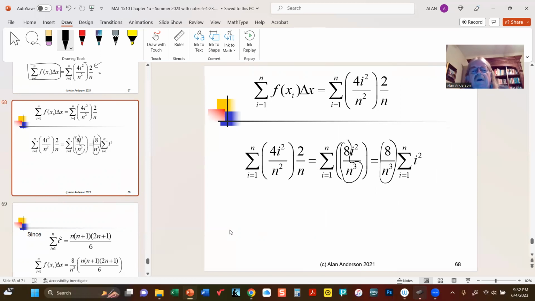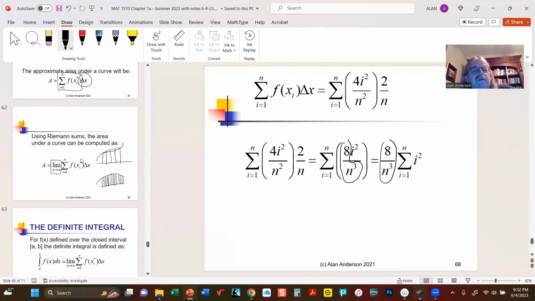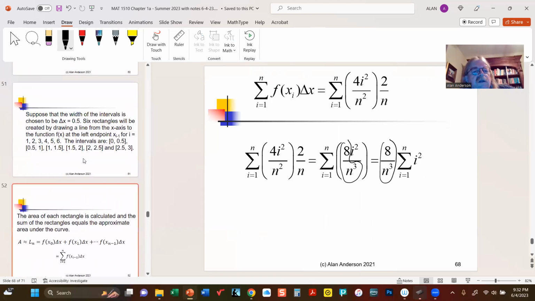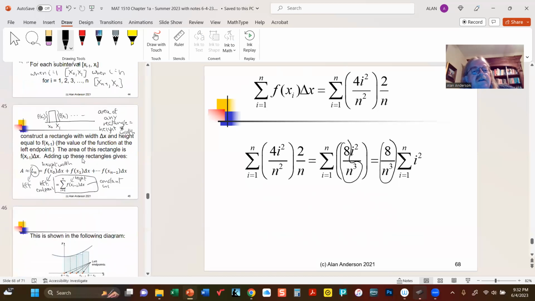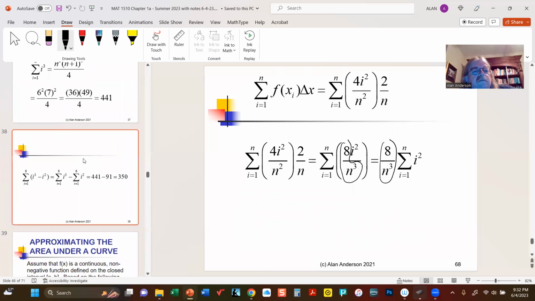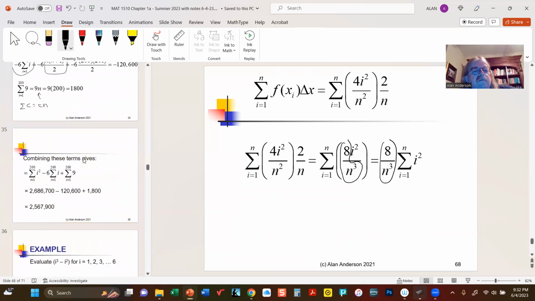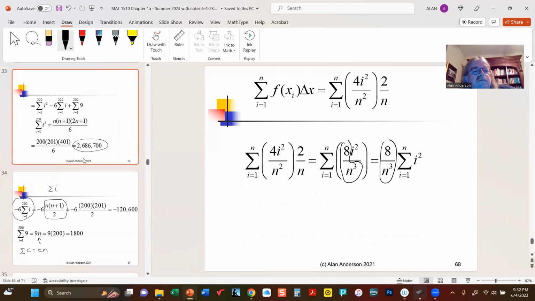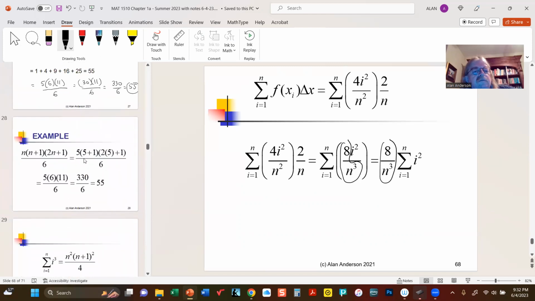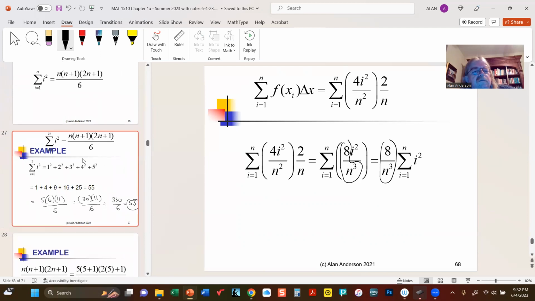Now, the sum of i squared, we had that earlier. Let's go revisit it. Let's go find it. There we go.